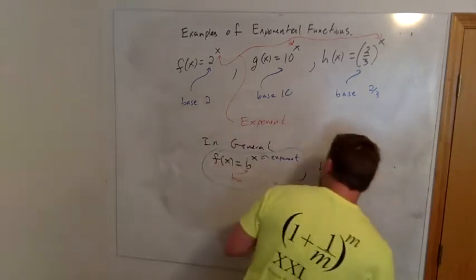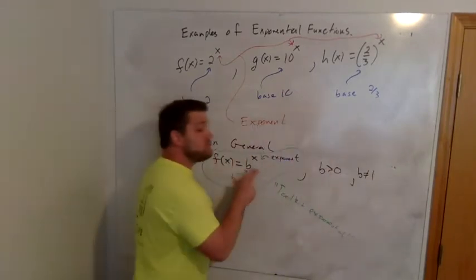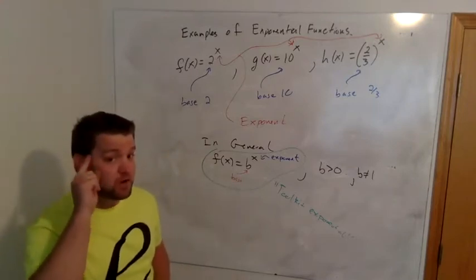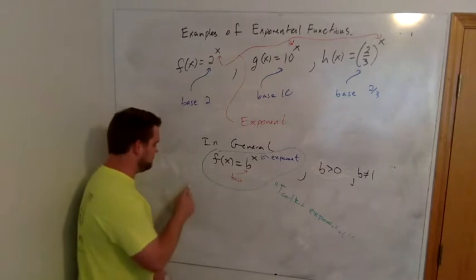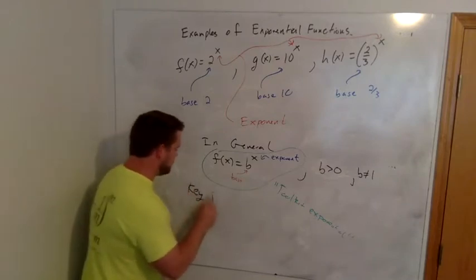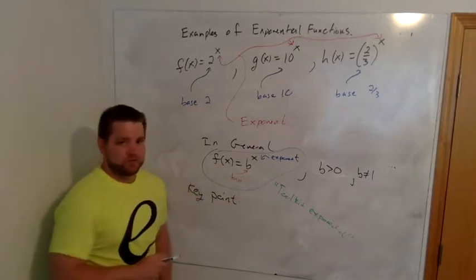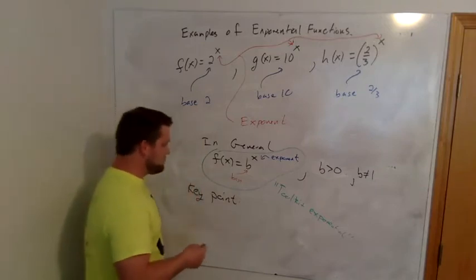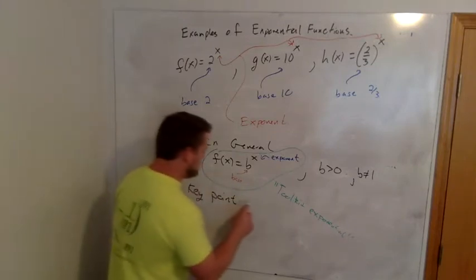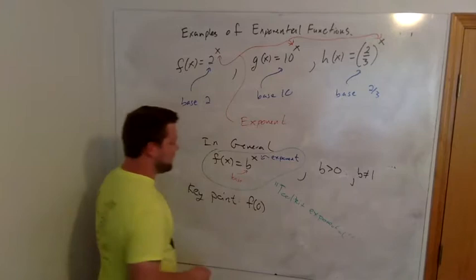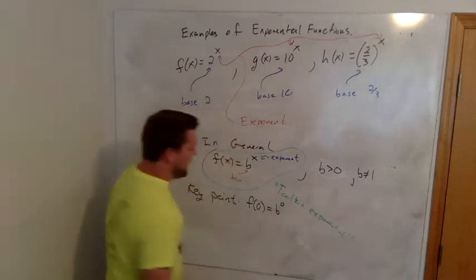What we want to hold on to is that every exponential function of this form has 2 special points we're going to want to pay attention to. So I'm going to write down here key points, and we'll be coming back to this, I promise. What are some nice key points that will always be on this function? Well, let's start with evaluating this function at 0. If we do f of 0, this would be b to the 0th power.